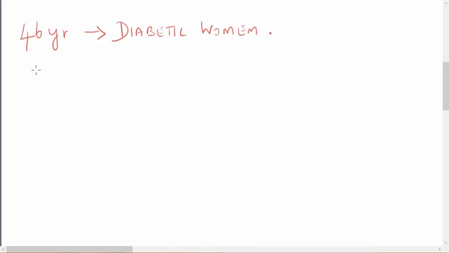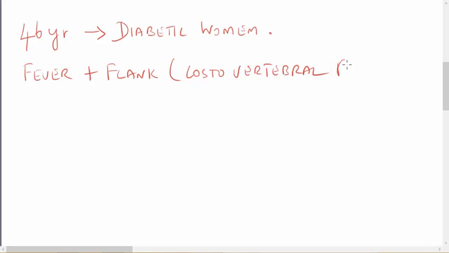Now next, they have given some clinical features: fever plus pain in the flank region. I tell you, flank region pain, costovertebral pain or loin pain, loin to groin pain, these all represent renal pain.